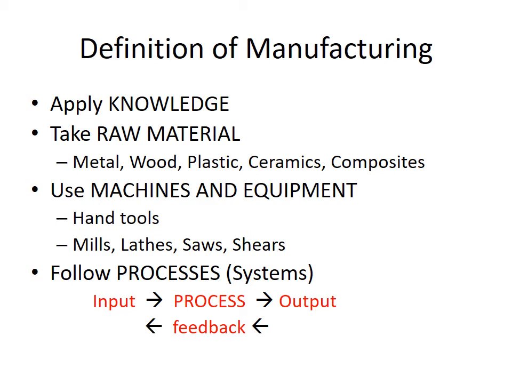We're going to talk a little bit about some processes, and one overall process is the systems outlook: you've got your input, you've got your process, you've got your output, and then you've got feedback going back to see if you got it right. And that loop is used a lot to figure out how to define a process and improve it.